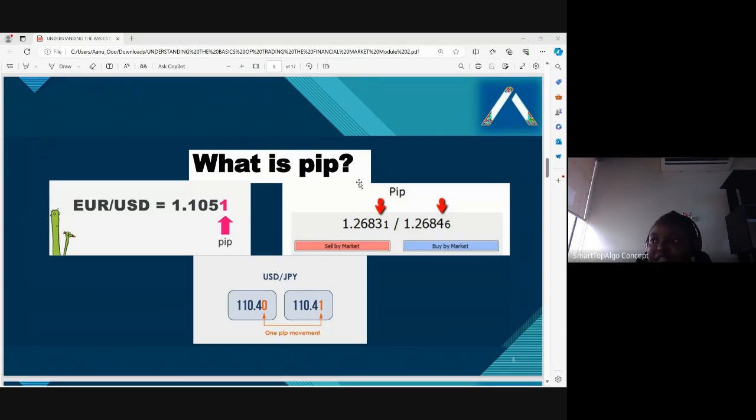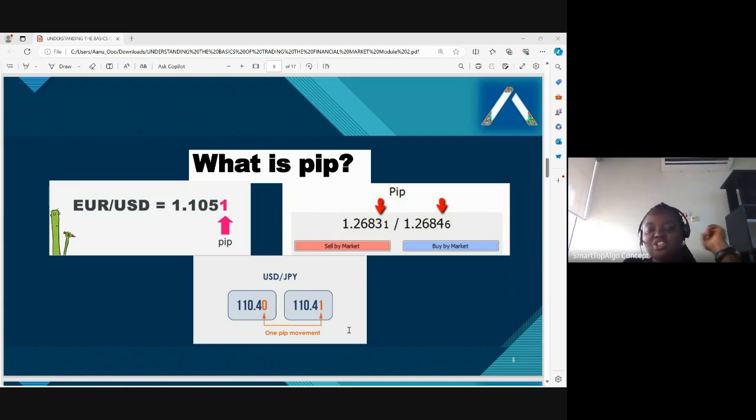The first P is percentage, I is in, then P is points. This is the unit of measurement to express the change in the value of two currencies.